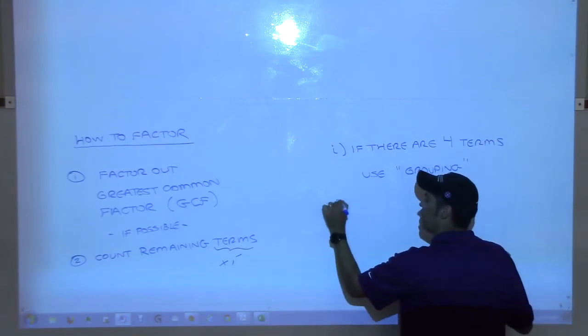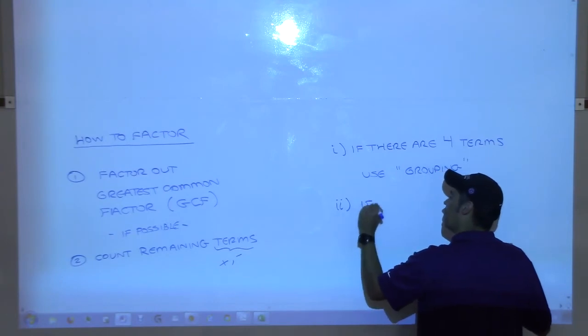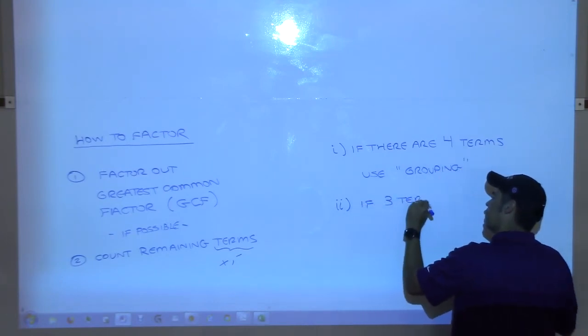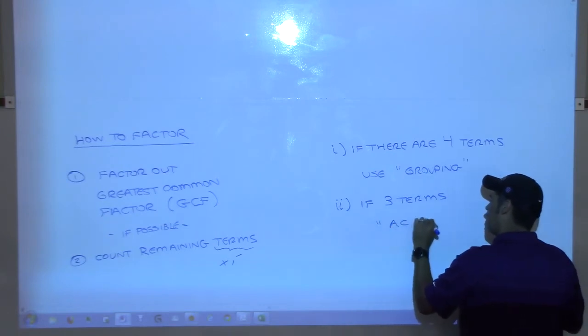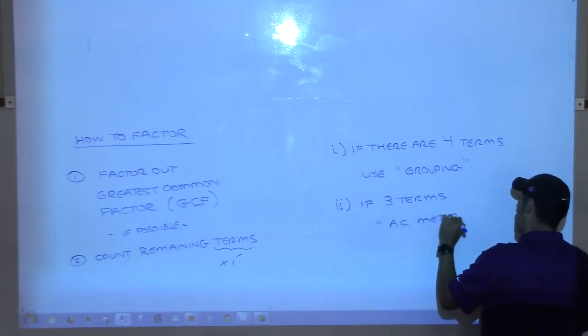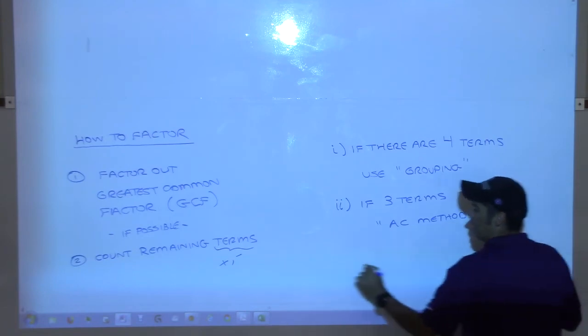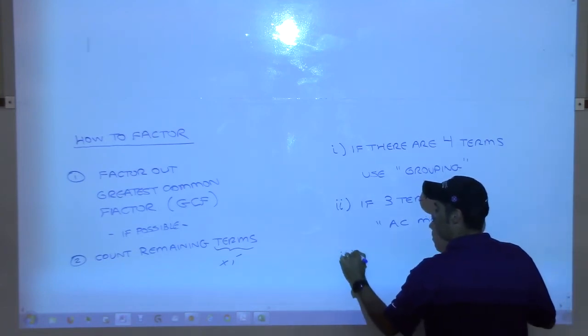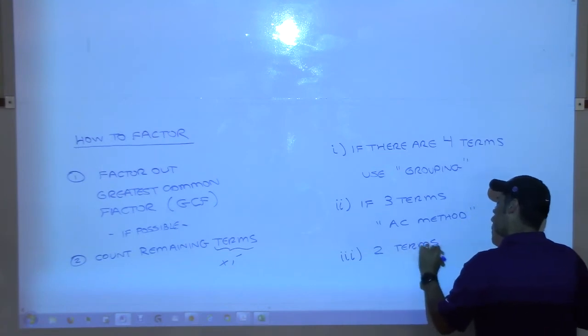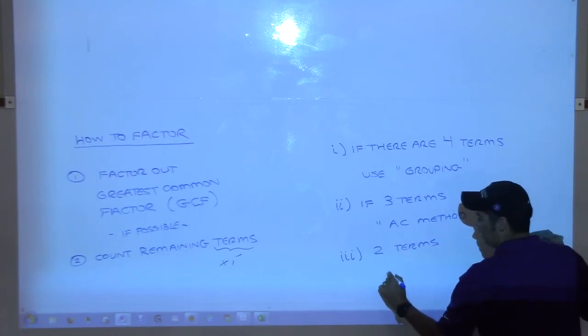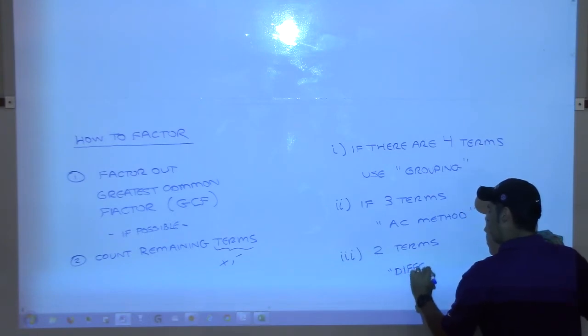If there are 3 terms, you're going to use a method called the AC method. We're going to go through each of these, all right? And if there are 2 terms, it must be a difference of squares. That's the only thing we can work with.